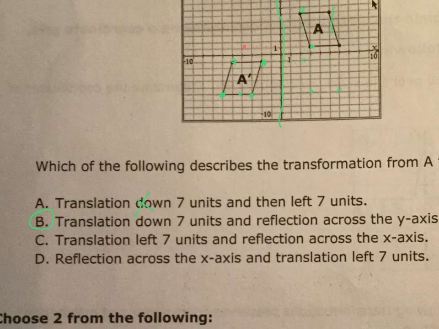And then I go over the x, I end up again not on a vertex. What if I reflect like D over the x first and then translate 7 left? So this point here is going over the x, so that's right there, and then left 7. 1, 2, 3, 4, 5, 6, 7. Again, I end up right there in the middle, so that's not right. So that's how you can verify that B is your correct answer.